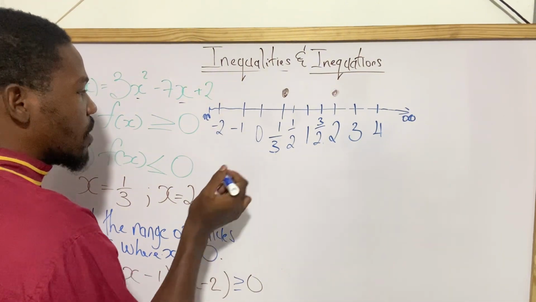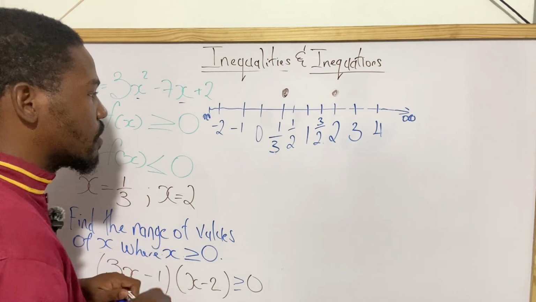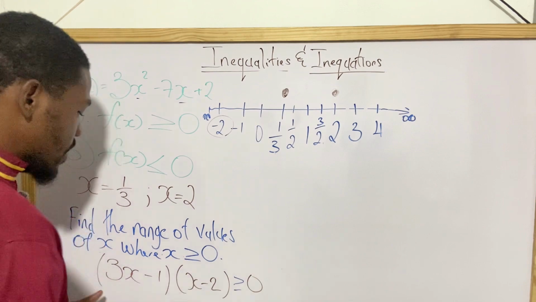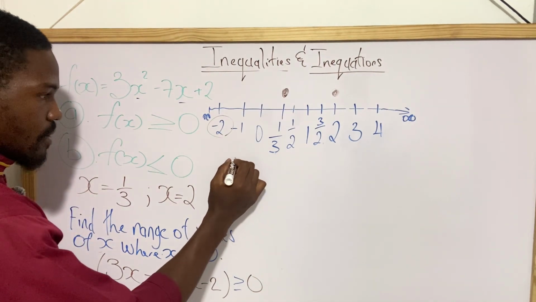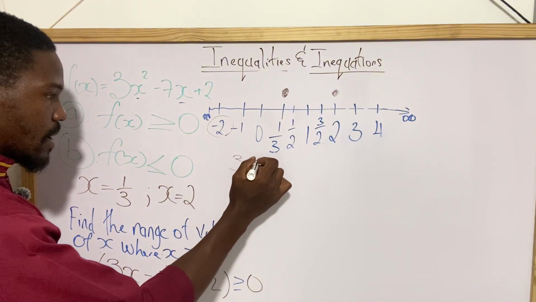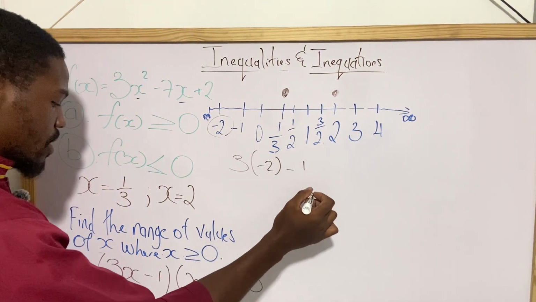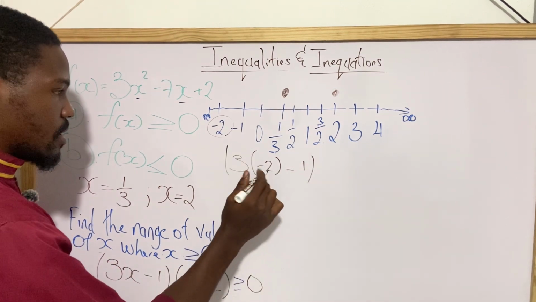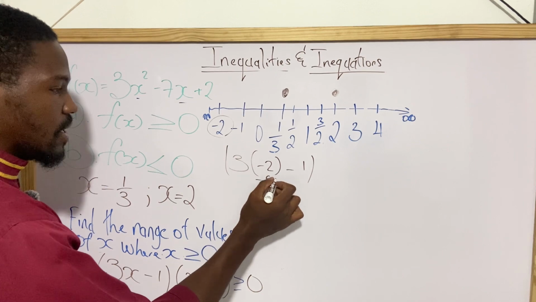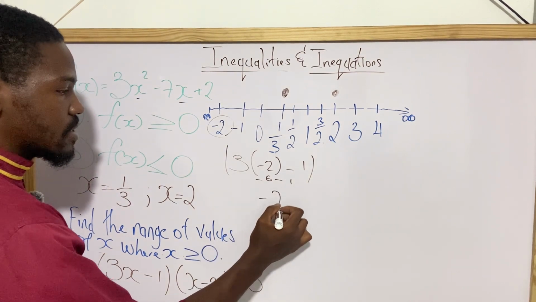So let us say that we're going to choose -2 for our test. So we're going to write this 3 and x. Say for example, if x was to be -2, like we said, -2 minus 1 in one bracket. So the 3 times -2, that's going to give me -6, and -6 minus 1 is going to give me -7.